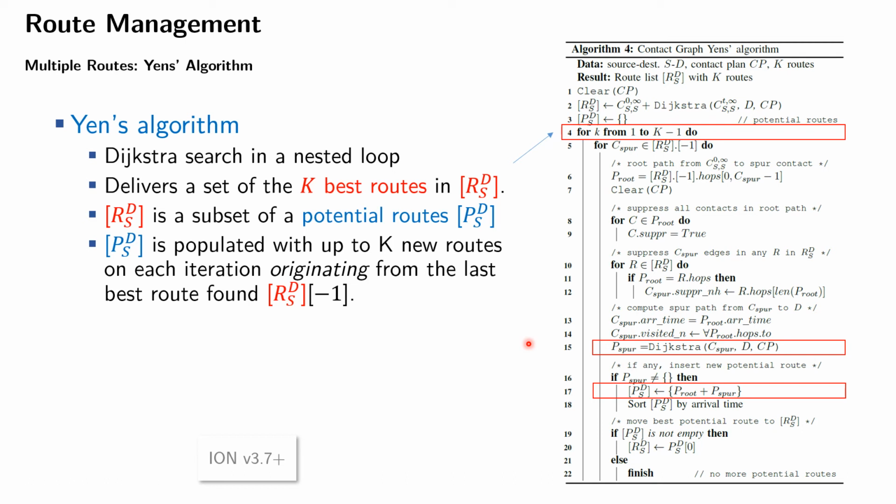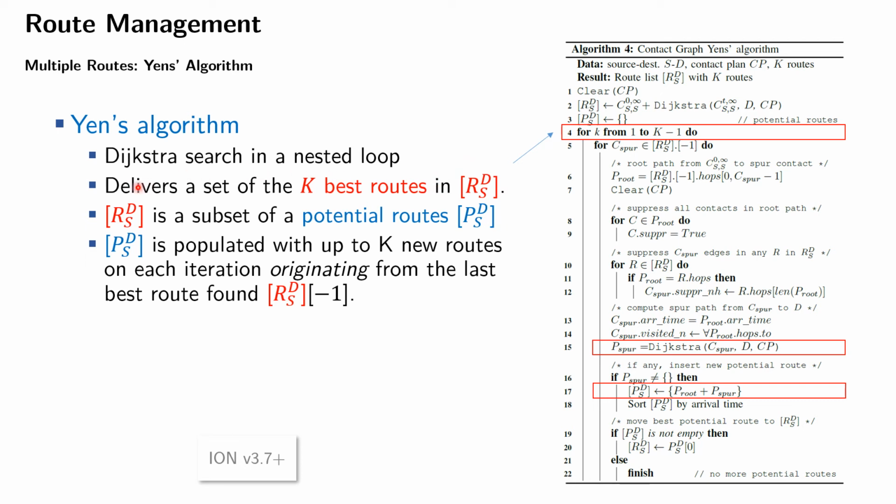The way of constructing this list is by means of the so-called Yen's algorithm. Yen's algorithm uses Dijkstra search in a nested loop, and the output of the algorithm is a list of k best routes, which is stored in this variable R in red color in this case.